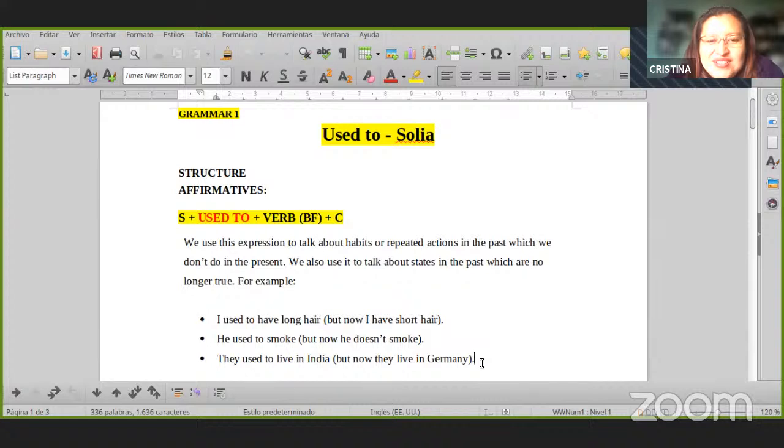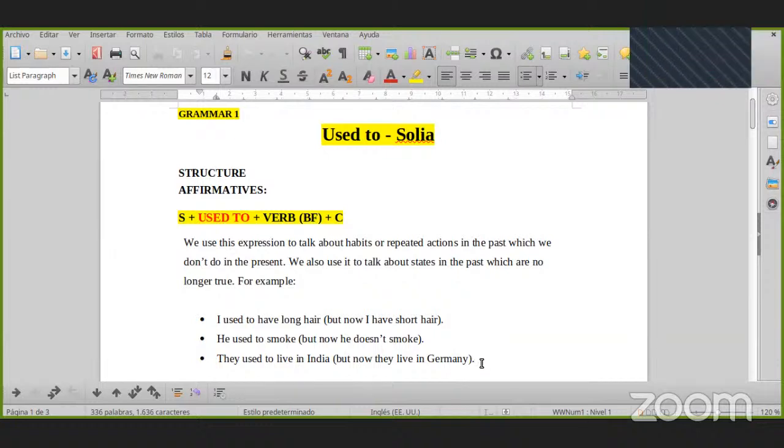I think the first phrase is for me. I used to have long hair, but now I have short hair. Okay, another? I used to live in Quito, but now I live in Azores. Great.